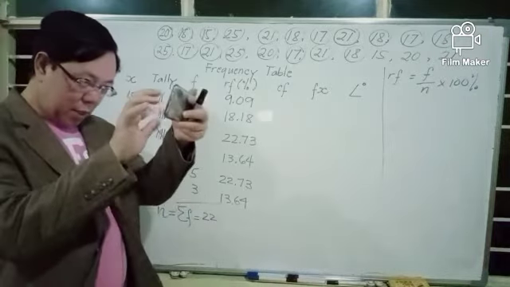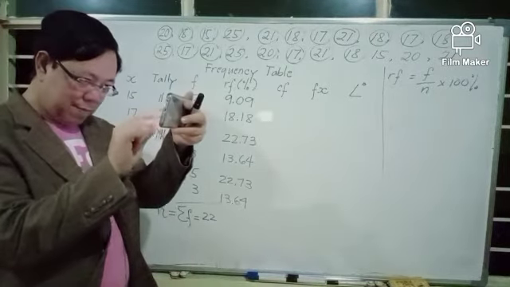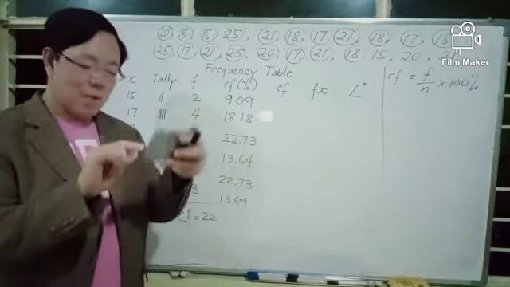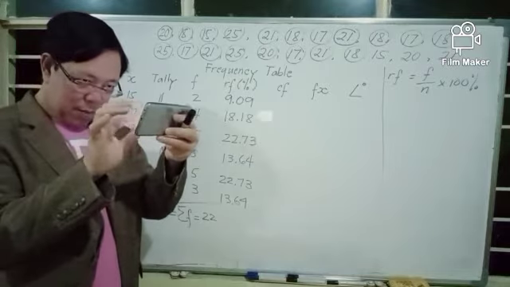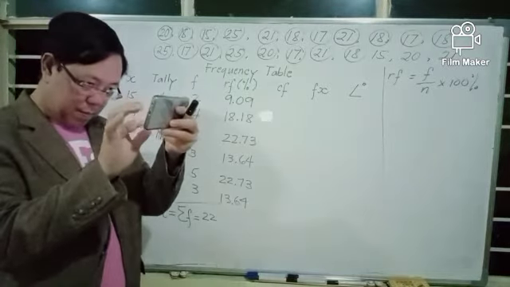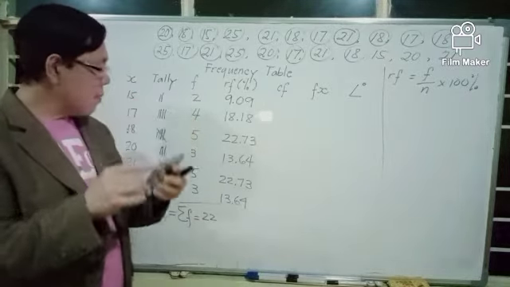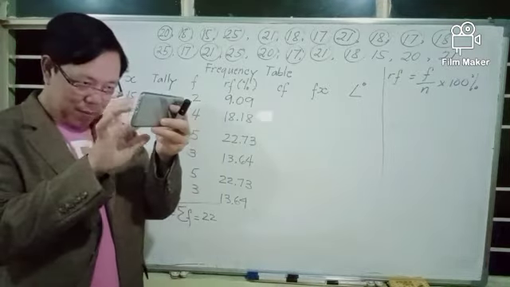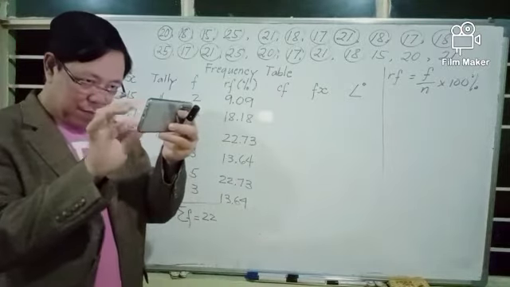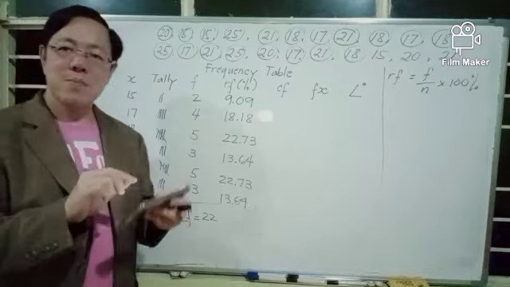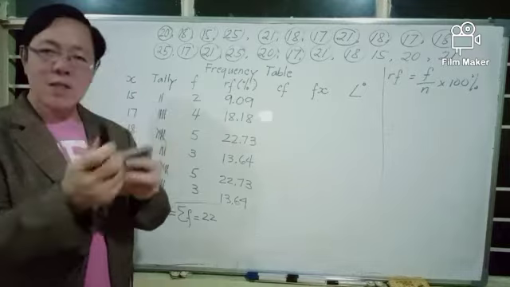We have 9.09 plus 18.18 plus 22.73 plus 13.64 plus 22.73 plus 13.64, and the sum is 100.01.